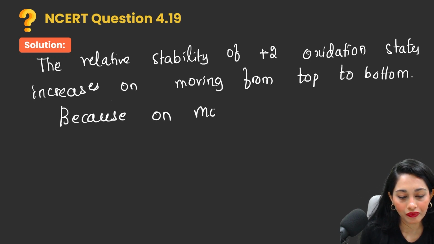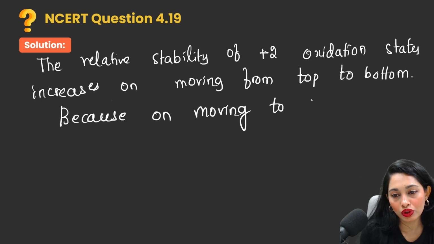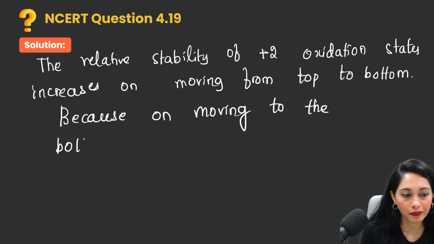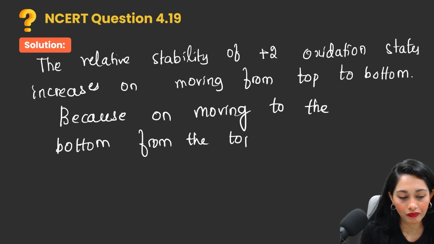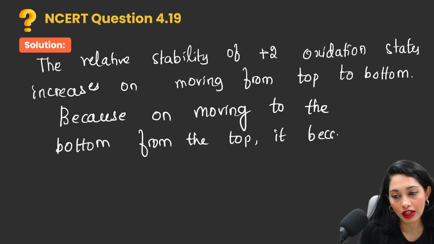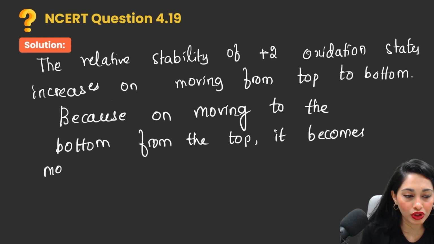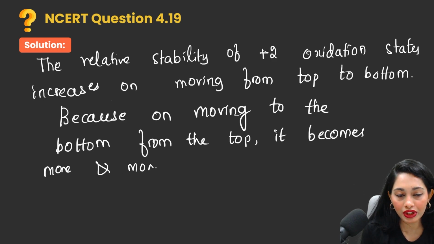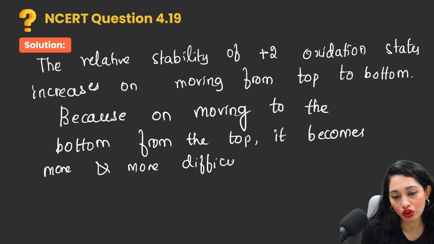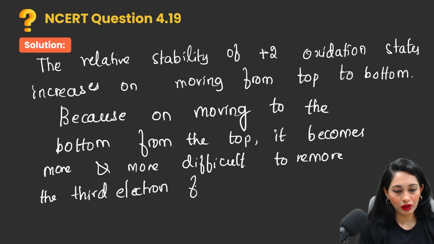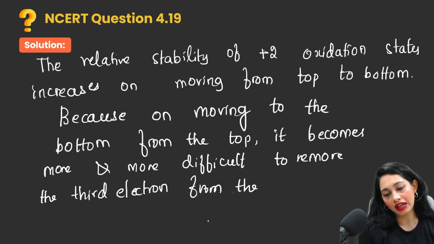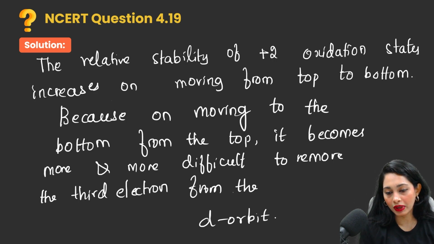on moving from the top to the bottom, it becomes more and more difficult to remove the third electron from the d orbital.